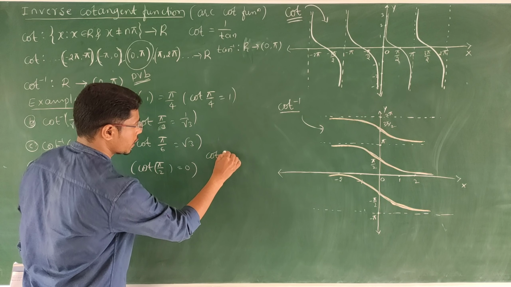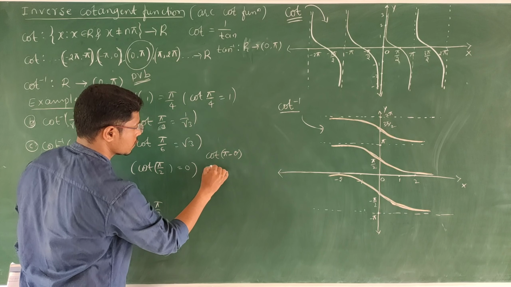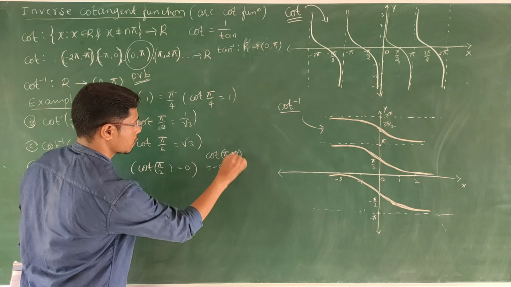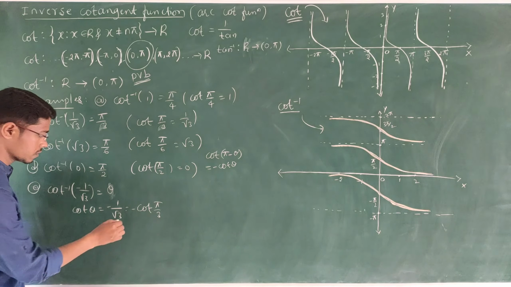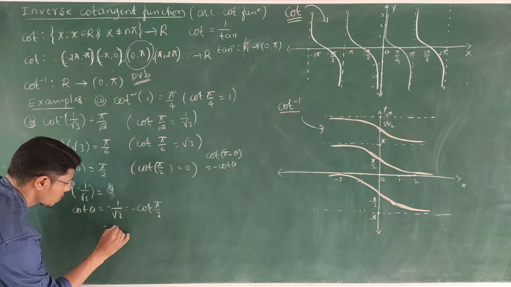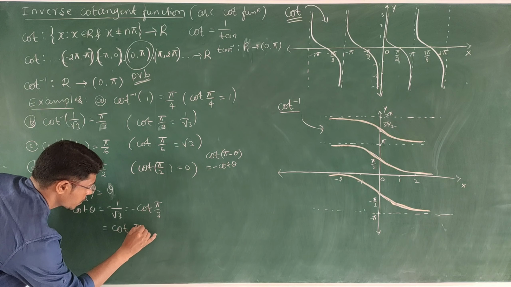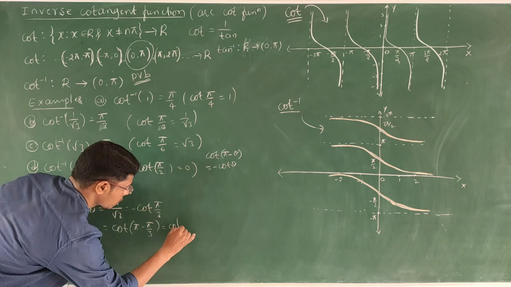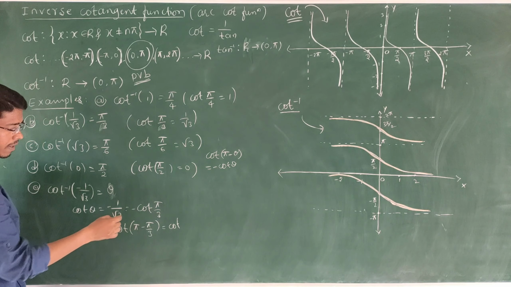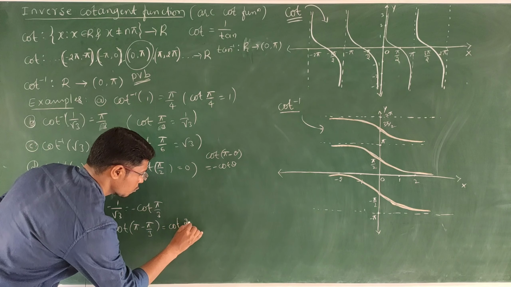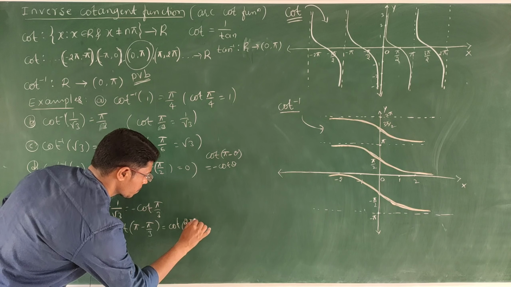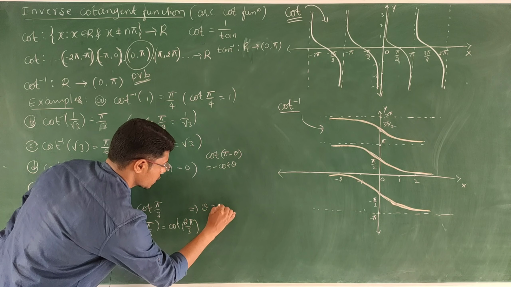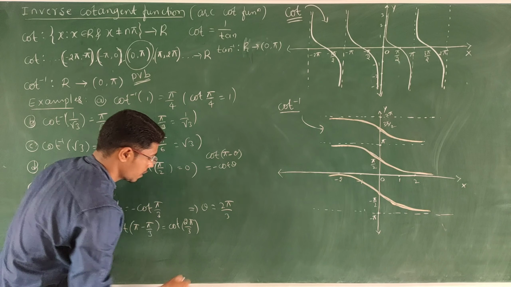So we know cot of 180 minus theta is minus cot theta. So this is equal to cot of pi minus pi by 3, which is cot of 2 pi divided by 3. This implies theta equals 2 pi divided by 3.